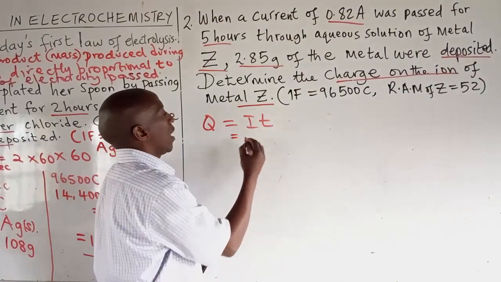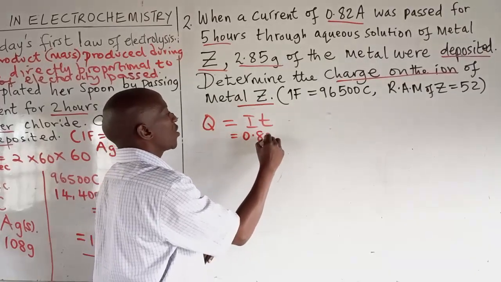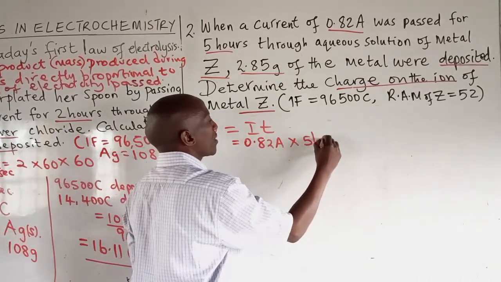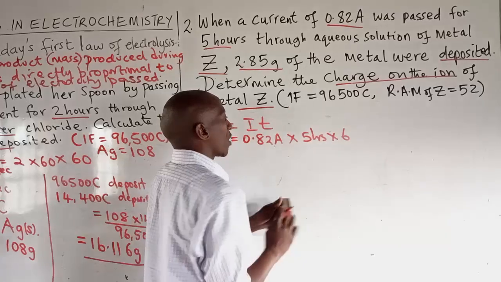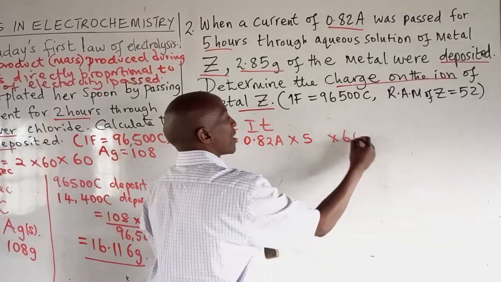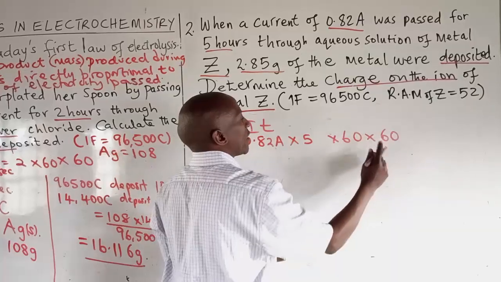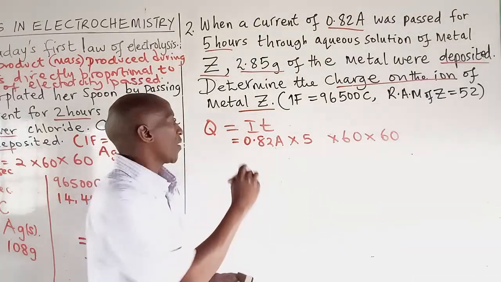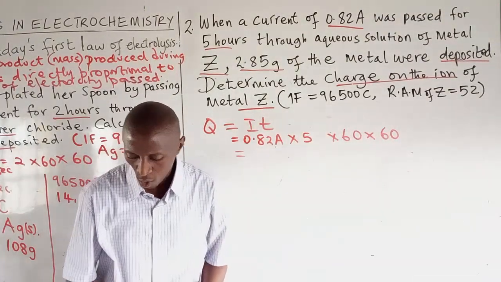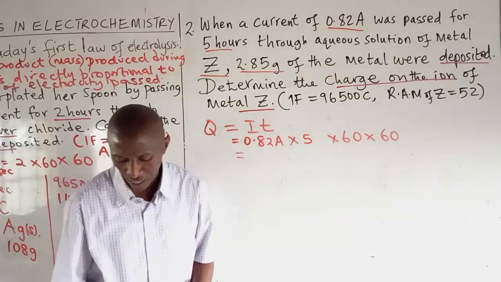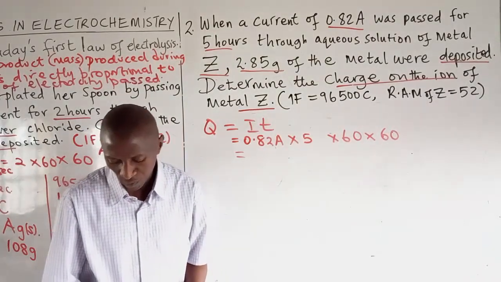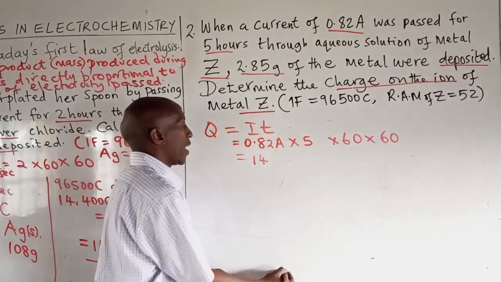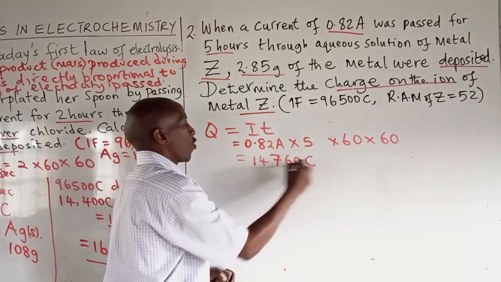And that gives us 0.8 amperes multiplied by the time, which is 5 hours; we convert that to seconds by multiplying by 60 and by 60. So viewers, on your calculator, let us punch that and see what we get. From the calculator, we are going to get 14,760 coulombs.